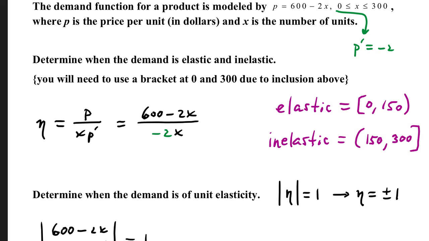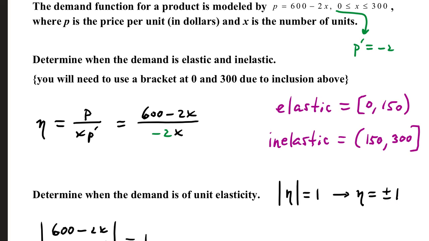Let's build eta. Eta is equal to P over X times P prime. So P is 600 minus 2X over X times P prime, that's negative 2X. Finding the unit elasticity, that occurs when our absolute value of eta is equal to 1. Now remember, absolute value is distance from 0 on a number line, so that can occur at positive or negative 1.